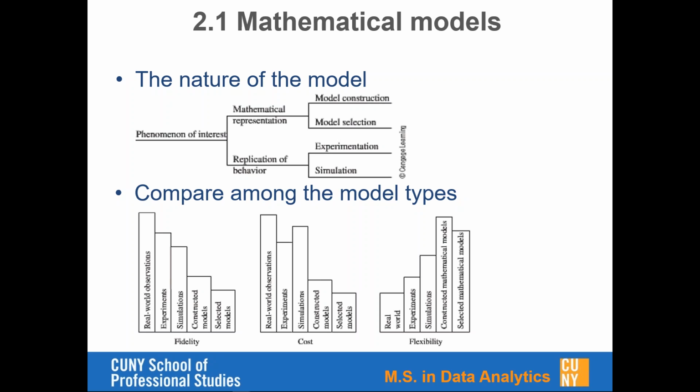Now the question becomes which venue you should take, which route you should take. In what scenario you want a math model, in what scenario you want to go through simulation. So I would say the rule of thumb is that if the mathematical model is good enough to represent the real world, you probably want to try a math model.